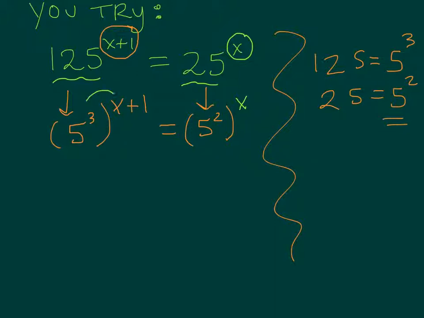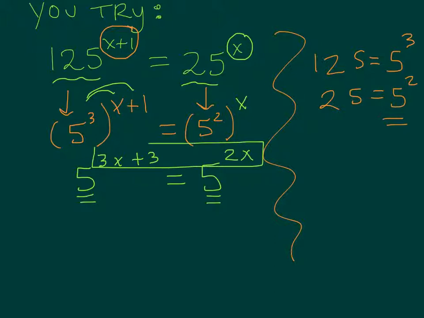Now I'm going to distribute my exponents. So I have 5 raised to the 3x. Don't forget to multiply the 3 times the 1, plus 3, is equal to 5 to the 2x. Once my bases are the same, I can equate the exponents. So rewriting that, I will have 3x plus 3 is equal to 2x.